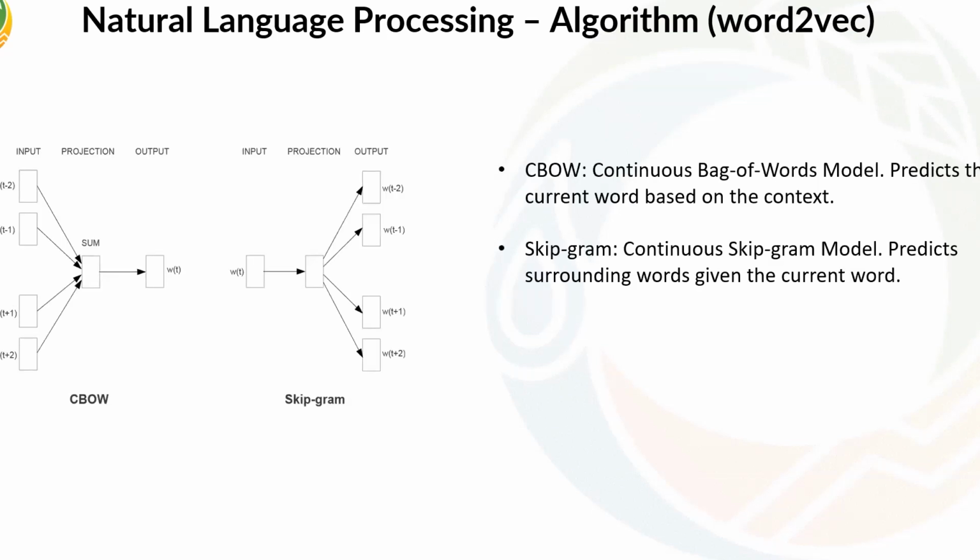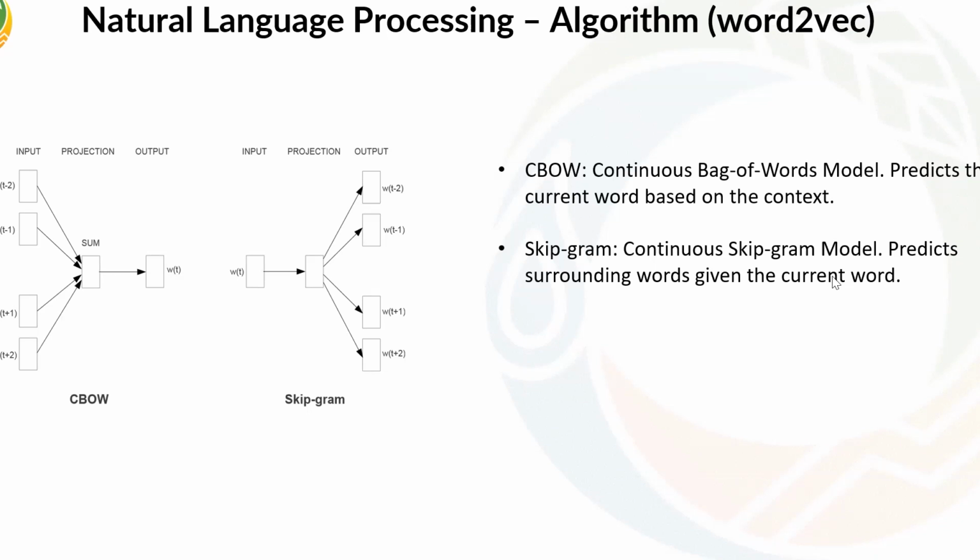And just briefly look at the two model architectures proposed in Word2Vec. So the left-hand side is the CBOW, continuous bag of words model. It predicts the current word based on the context words. And they also proposed a second model architecture called skipgram, the continuous skipgram model.